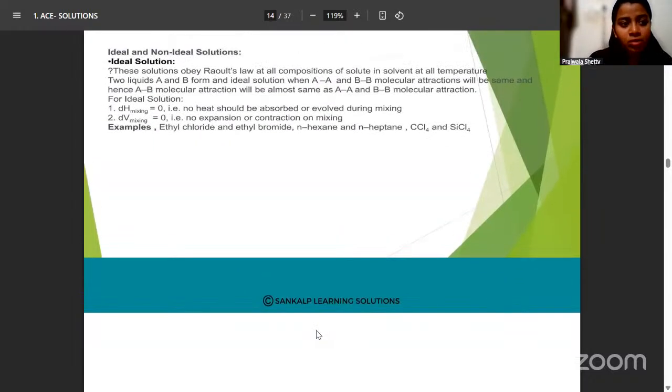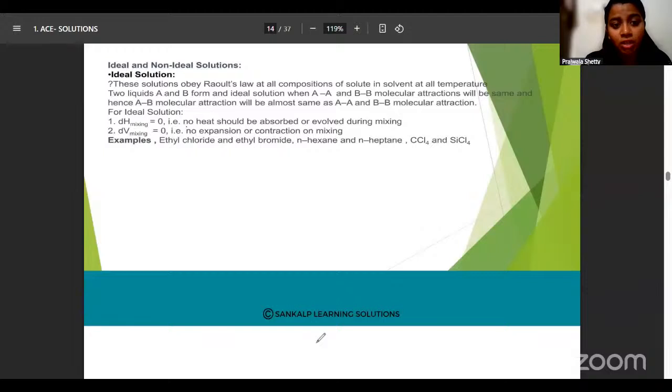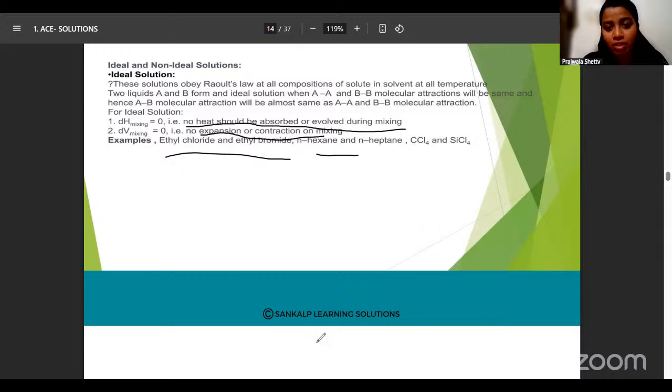The enthalpy of mixing of pure components is given here. No heat should be absorbed or evolved during mixing. This is what zero means. And no expansion or contraction, that means no volume change. That's all, and examples are given here. Just look into it. I'll directly move on to the next, which is non-ideal solution.